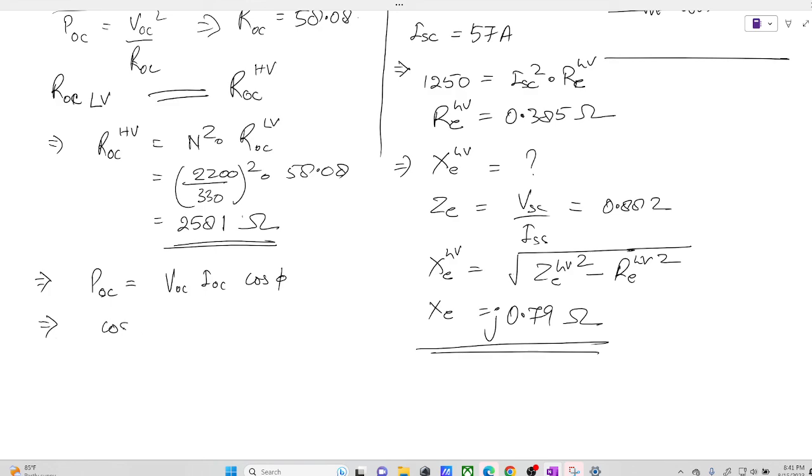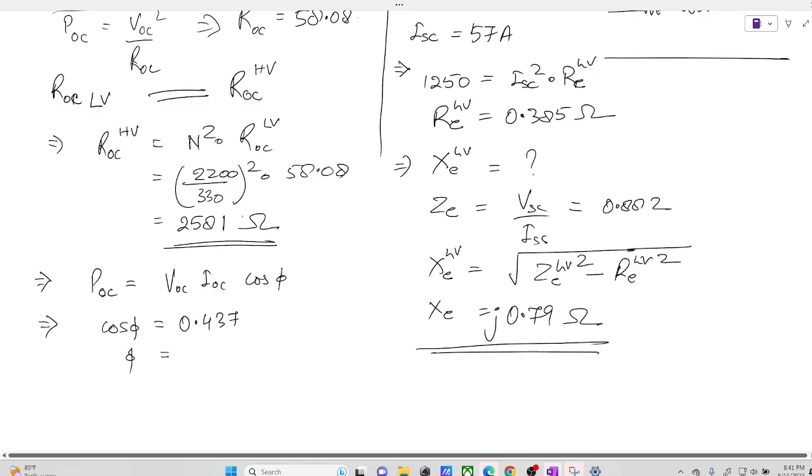From here you can get cos phi. Cos phi is 1875 divided by 330 into 13, that is 0.437.